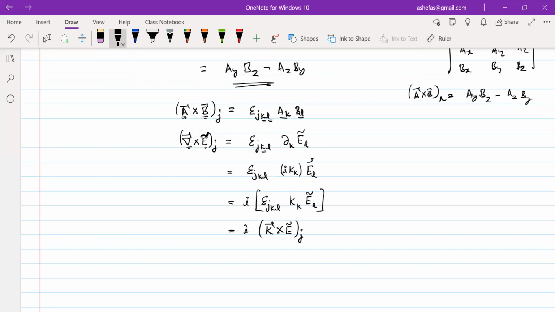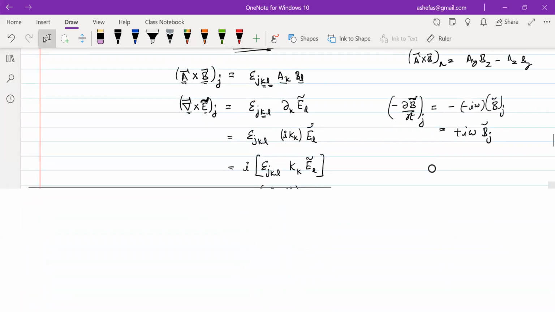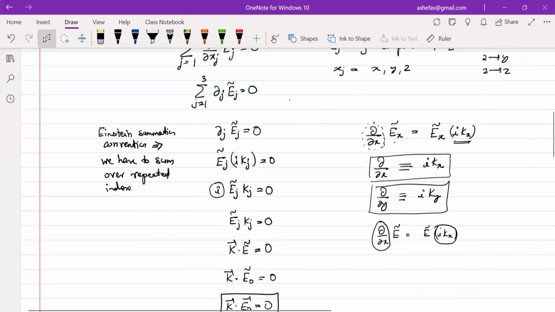Okay. Now similarly we can find minus dou B by dou T. What would be the jth component of minus dou B by dou T? It is equal to minus; if you differentiate B with respect to time, you get minus I omega outside, and then we get the magnetic field B. So it is equal to plus I omega times the jth component of the magnetic field, because the time dependence is coming through here.